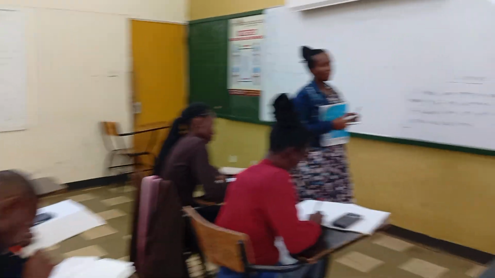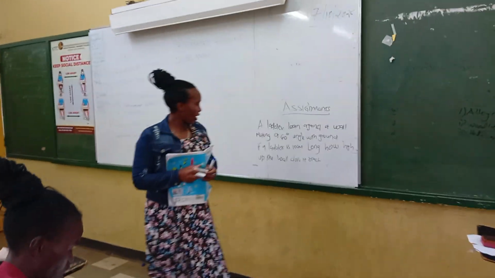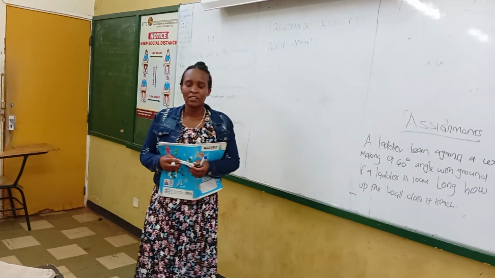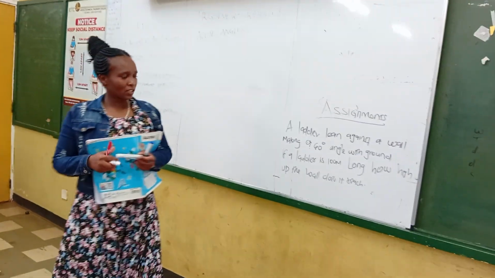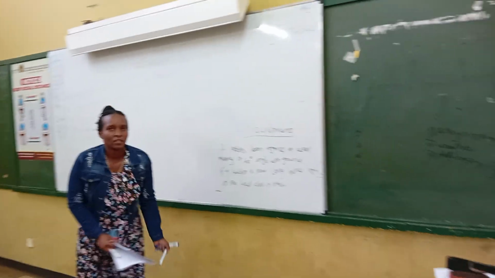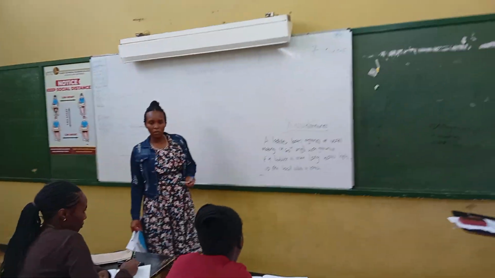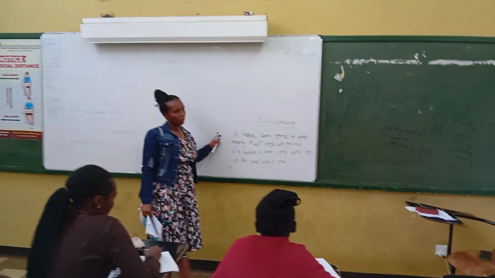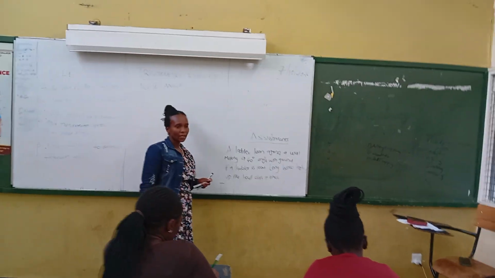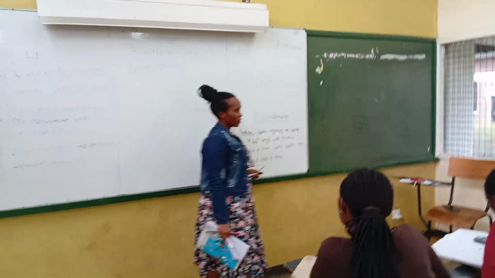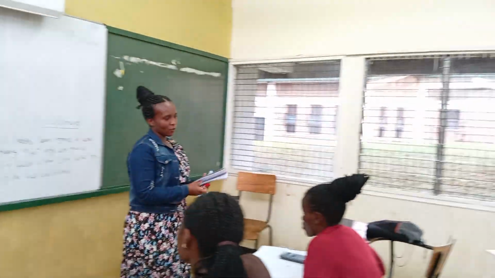If a ladder is 10 centimeters long, how high on the wall does it reach? So this one is our assignment. Before we start our next class, which will be next week on Monday, we are going to go through this one before we begin our lesson. So thank you.